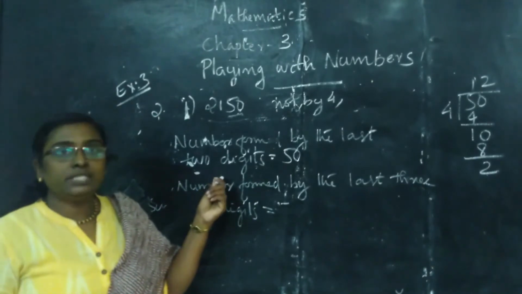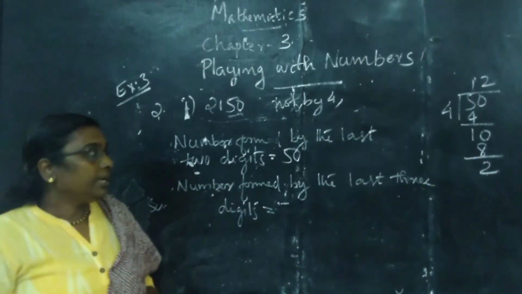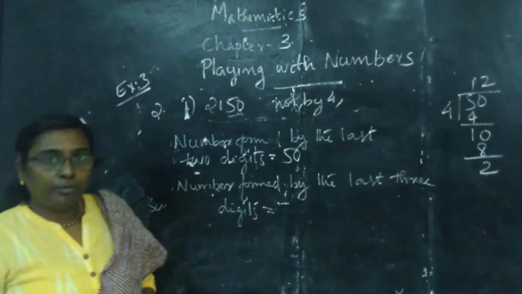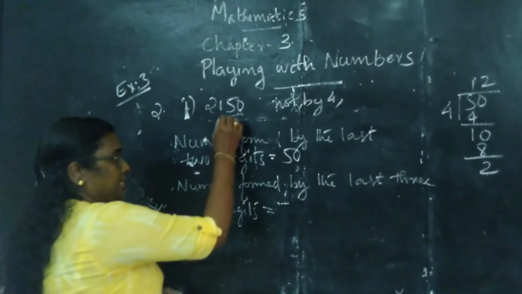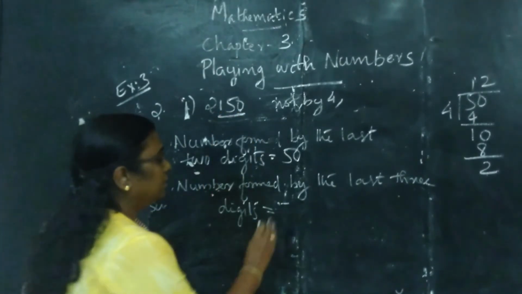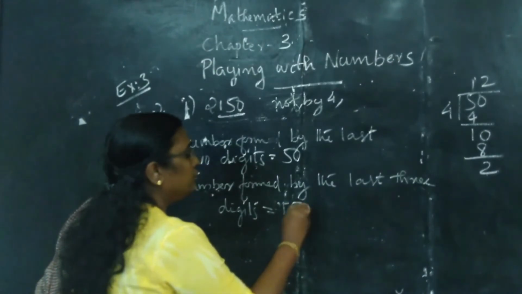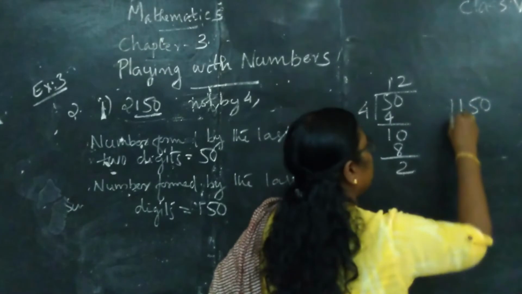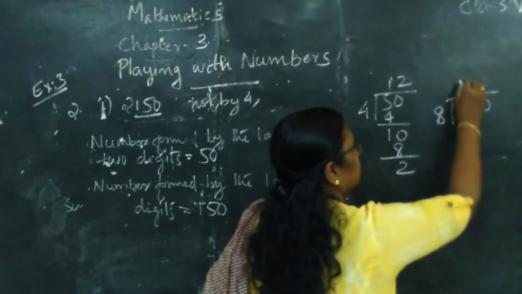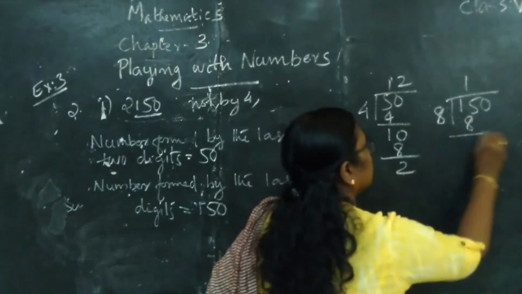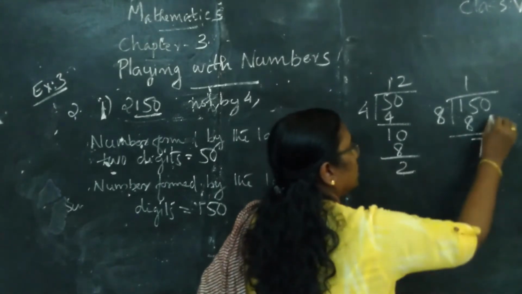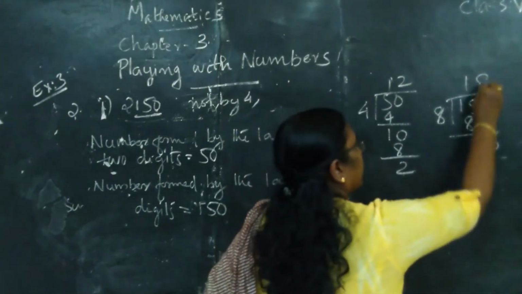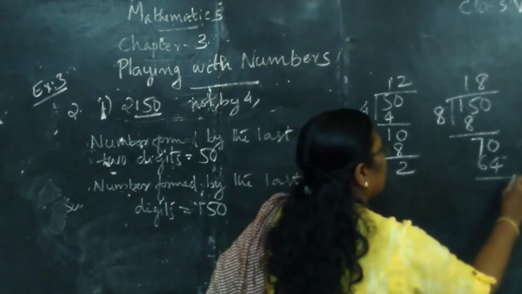Then, to check the divisibility by 8, we take the number formed by the last 3 digits. The last 3 digits. What is it? 150. Then divide this number 150 by 8. 8 times 18 is 144, the remainder is 6.